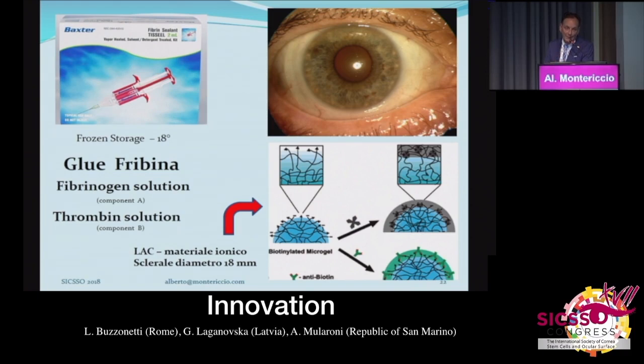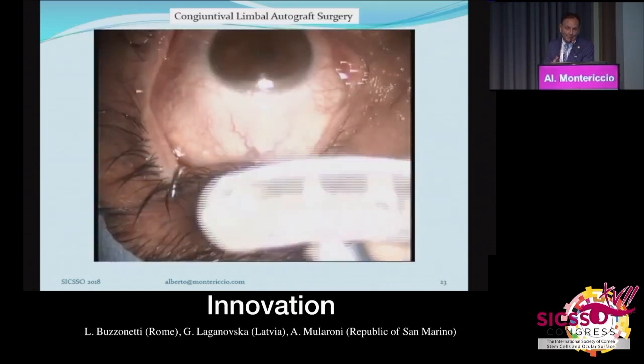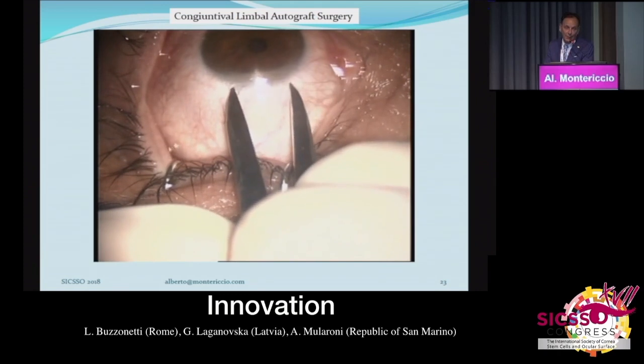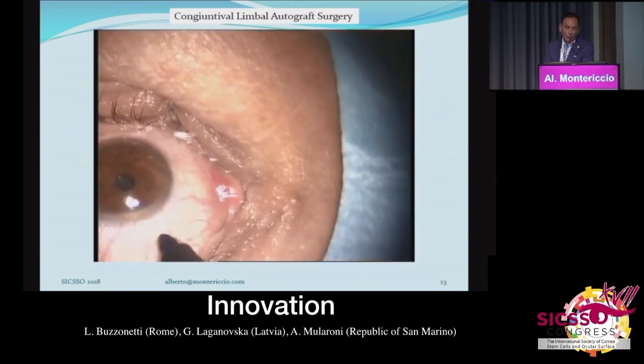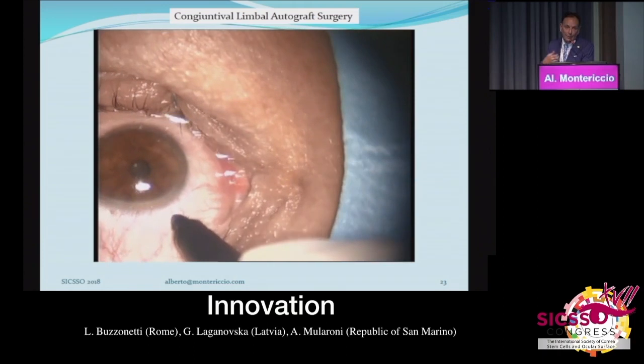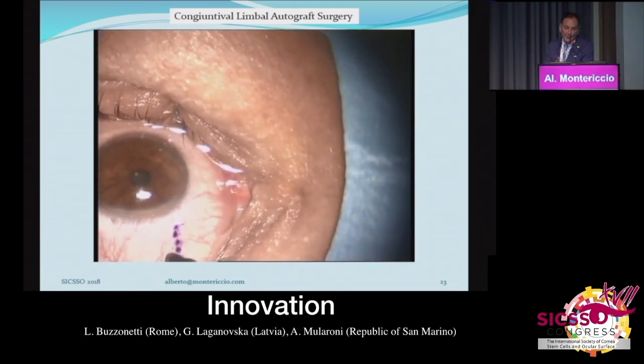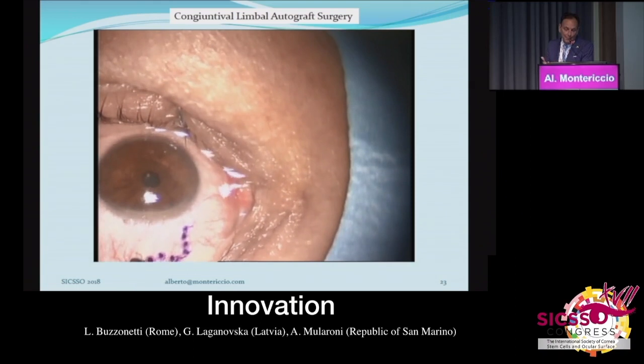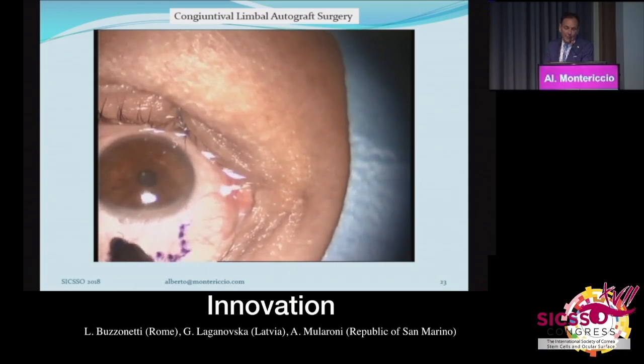First of all, we want to mobilize the flap or the graft that we implant in a damaged eye. But then we may use an ionic material lens. I'm not talking about silicone hydrogel, but it should be ionic because the surface should allow for the attraction of the eye drops or the medication we instill into the fornix, and therefore allow for a superficial distribution of the drug.